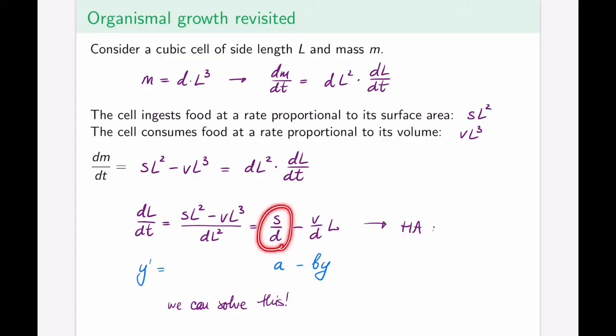My a is s over d, my b is v over d. So we have s over d divided by v over d, or in the simplified form, s over v.